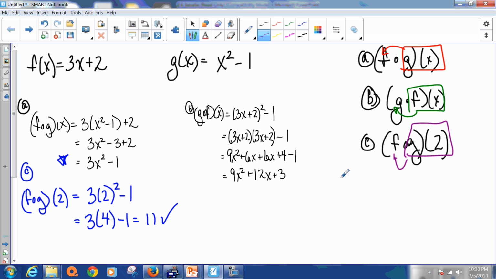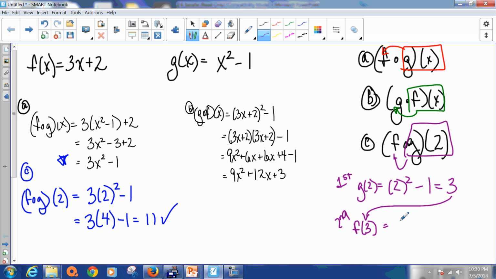So for this, you would say, first, let me take the 2 and plug it into g. So that's going to be 2 squared, which is 4, minus 1. There's our 3. Okay, now take that 3 and plug it into f. And f is 3 times 3, which is 9, plus 2. It's like magic. It's 11.